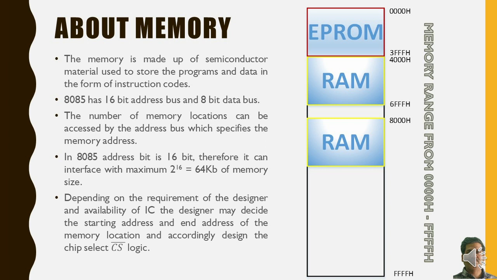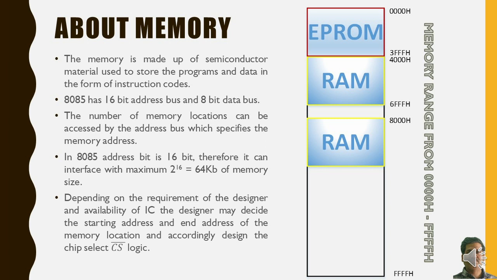Now in front of you is shown one of the memory structures. The memory in case of 8085 starts from the starting address 0000 to FFFF if we are using the entire 64 kilobytes of the memory. But it is not necessary; it depends on the application and the requirement of the designer.